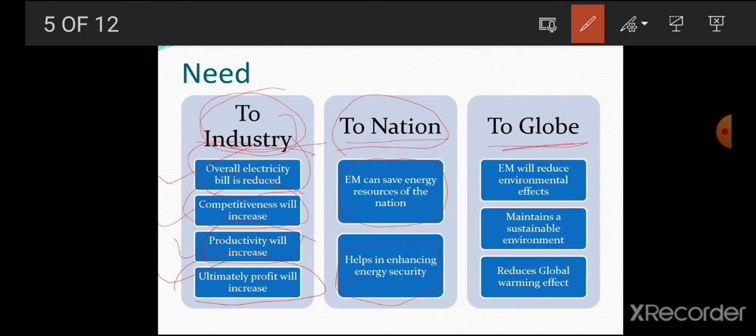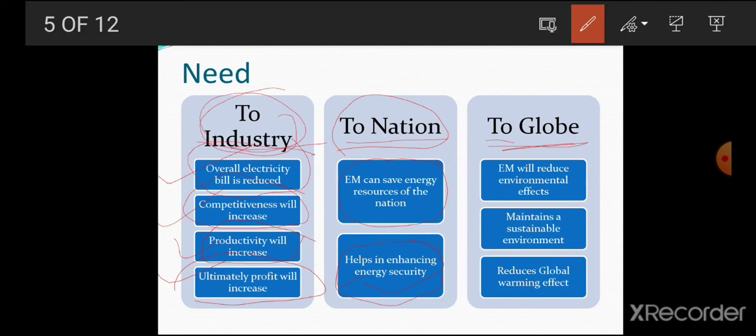You will use fossil fuels, that is petrol and diesel, in a generator. And as we know, we are dependent on other countries for fossil fuels, so we are not secure. If any country denies the energy, then our prices may increase. So we are not totally secure in energy. So this also helps in enhancing energy security.